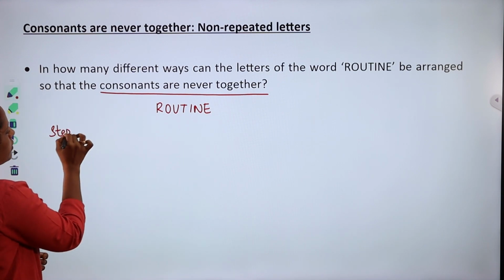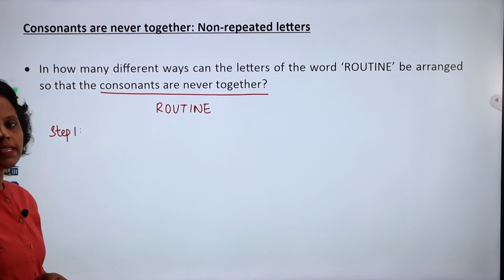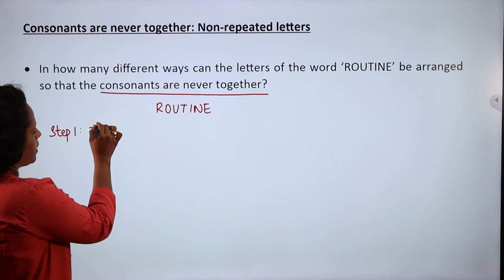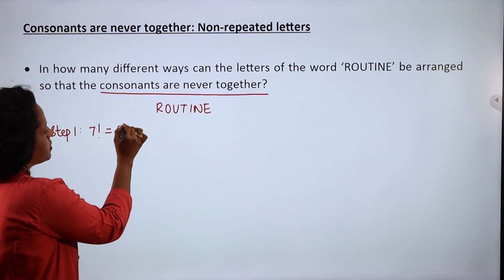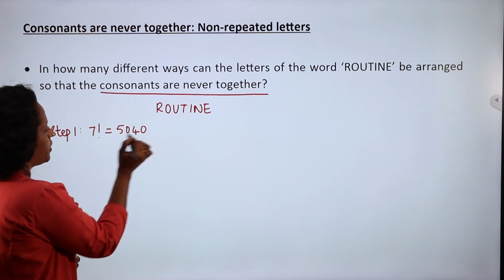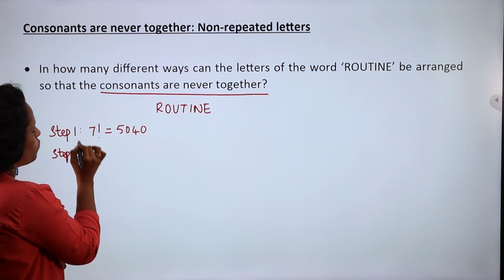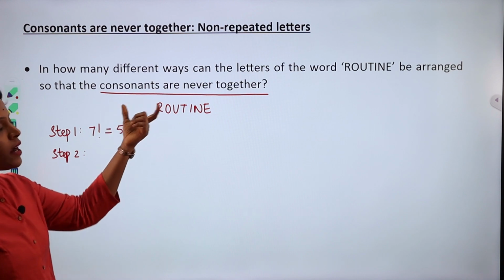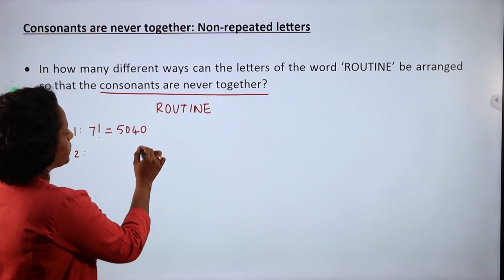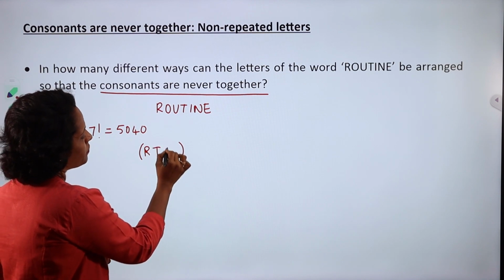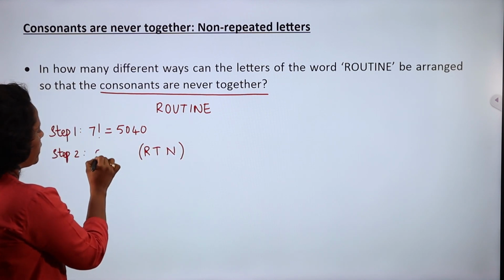Step 1. Number of words that can be formed using these 7 letters: 7 factorial, which will be 5040. Now, step 2. Number of words that can be formed in which the consonants are together. Put the consonants within the brackets: R, T, N. What are the remaining letters?